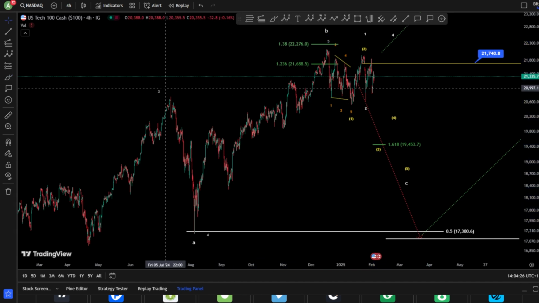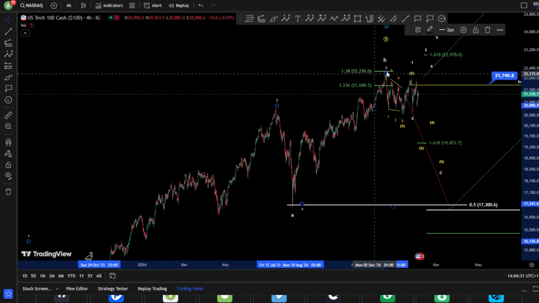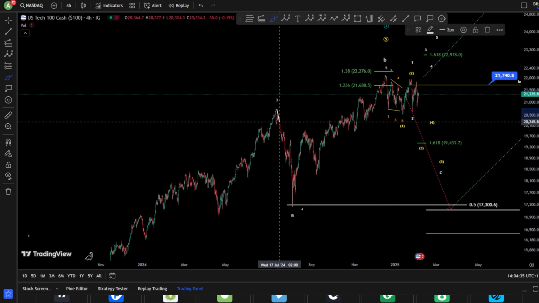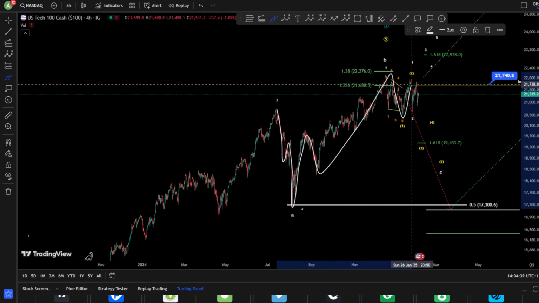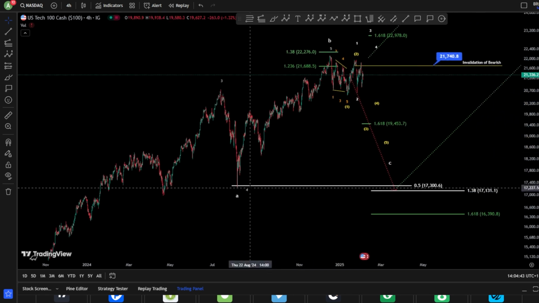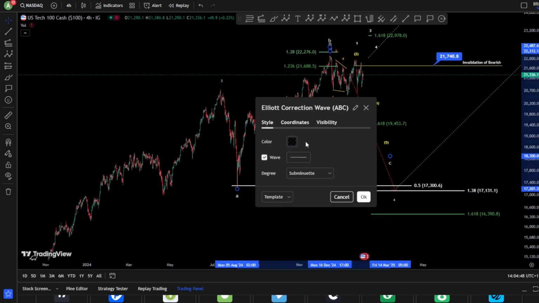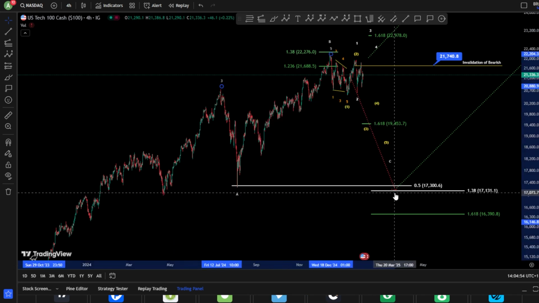Meaning, if you did not top your wave 5, probably from the wave 3 you have started 3 waves down, 3 waves up, and then 1, 2, 3, 4, 5 for a wave C to bottom your wave 4. So this ABC can be a correction for your wave 4 still, where your wave 4 can extend to this area.